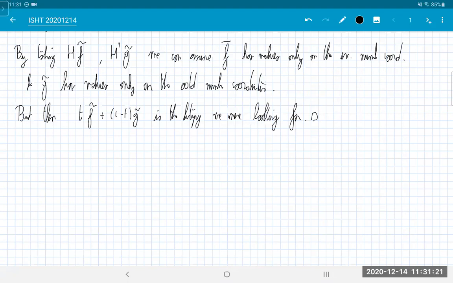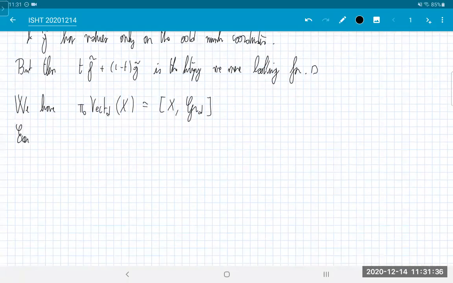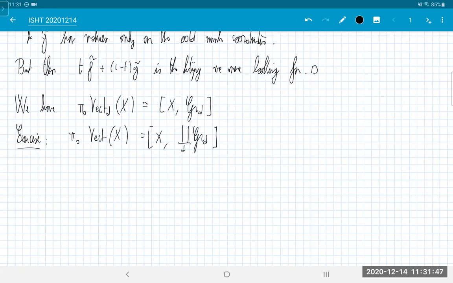So we have that pi 0 of Vect_d X is the same thing as homotopy classes of maps from X to GRD. And in fact, it's not really an exercise, it's more a remark, that Vect X is homotopy classes of maps from X to the disjoint union of the GRD.